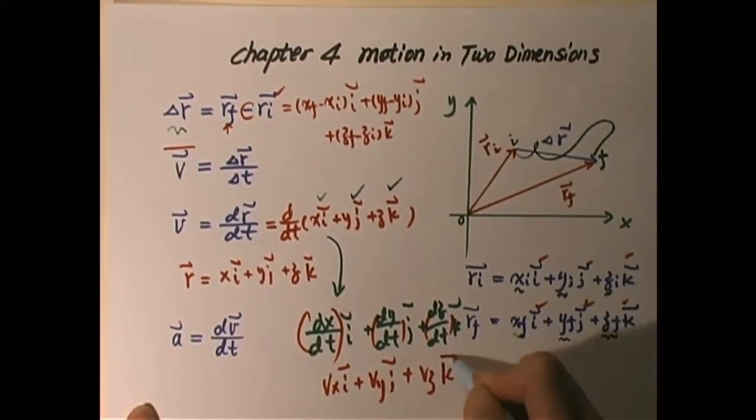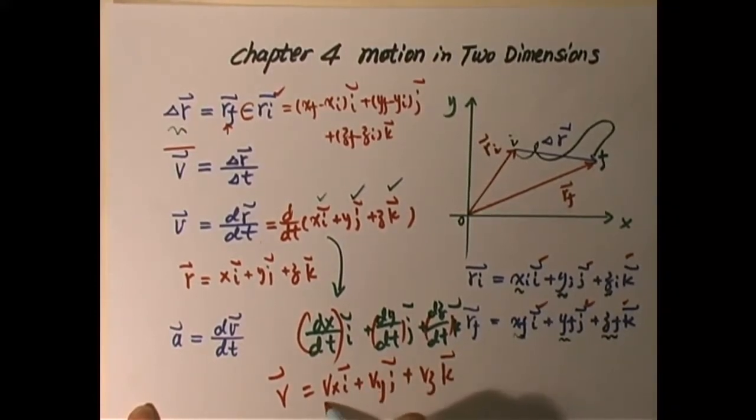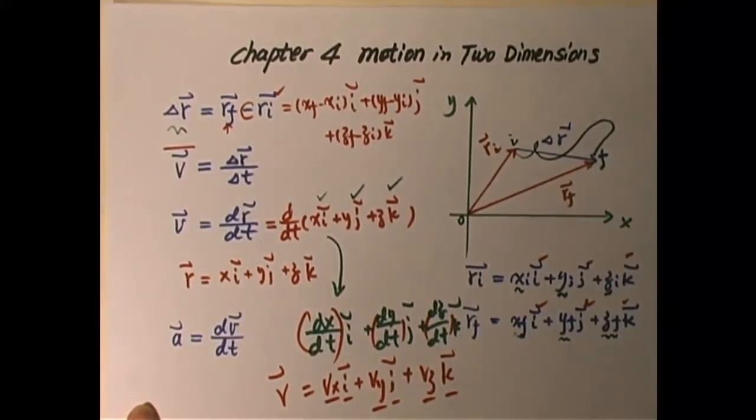This simply tells us a 3-dimensional velocity can be expressed as vx i, vy j, vz k. Still, it has 3 unit vectors involved, i, j, k. vx is the x direction velocity, and vy and vz are the y and z directions.